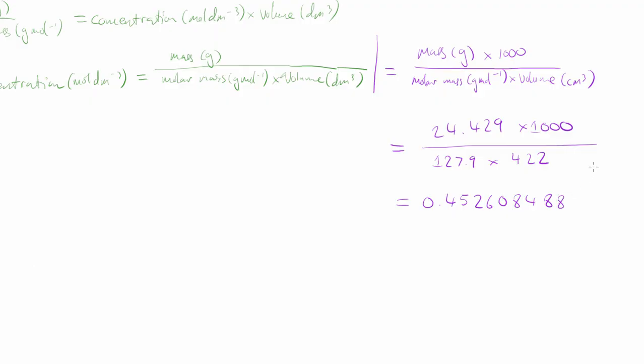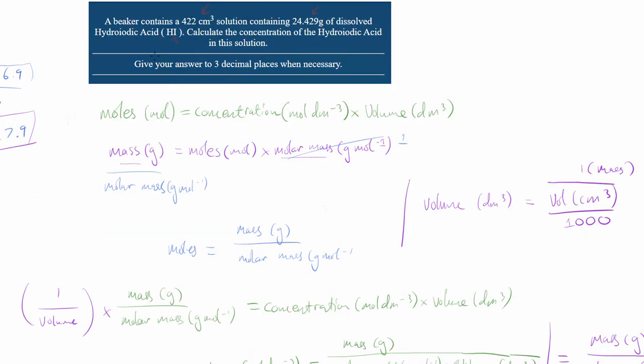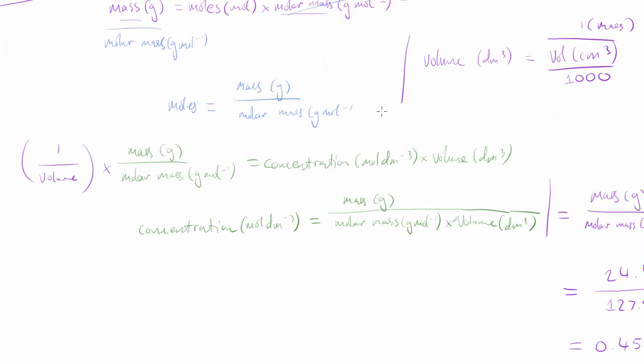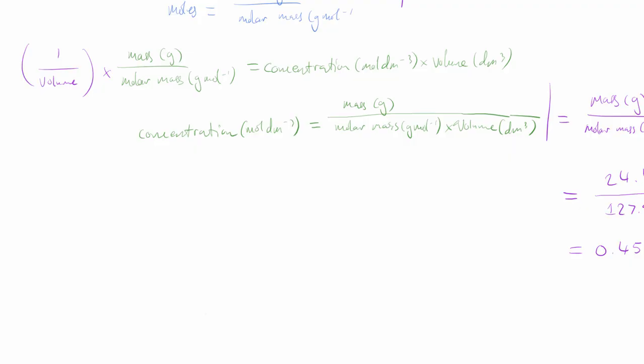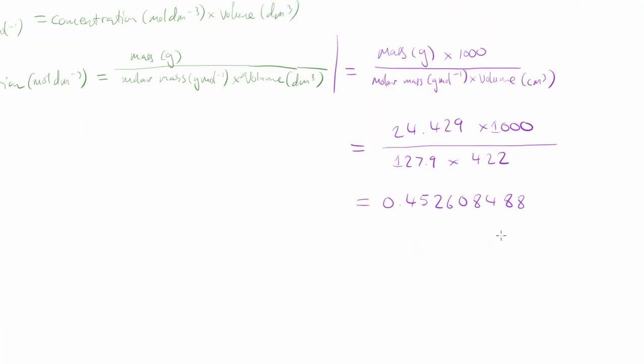Now, we've got this long number from calculating the concentration according to the equation. But in our question, we have been asked to give your answer to 3 decimal places when necessary. So we need to do some work on this to get to what we can reasonably say is our answer.